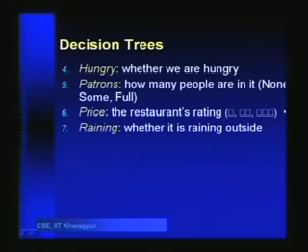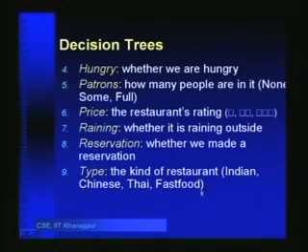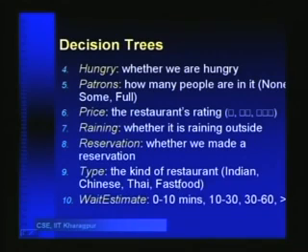Raining: whether it is raining outside, if it is raining then you may not want to go and look for another restaurant. Whether you have a reservation, and the kind of restaurant: Indian, Chinese, Thai, fast food, etc. And finally, the wait estimate as given by the waiter: 0 to 10 minutes, 10 to 30, 30 to 60, greater than 60.